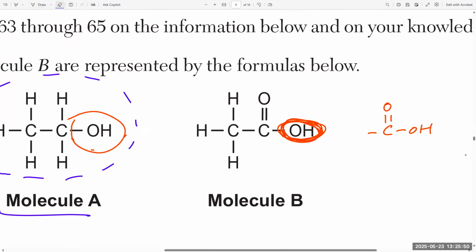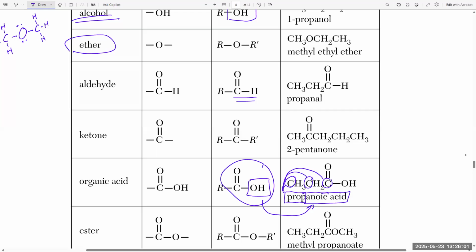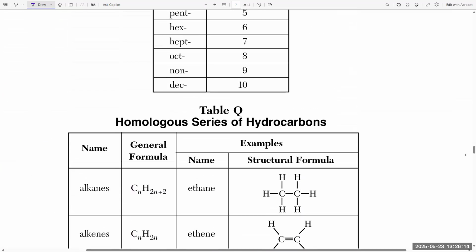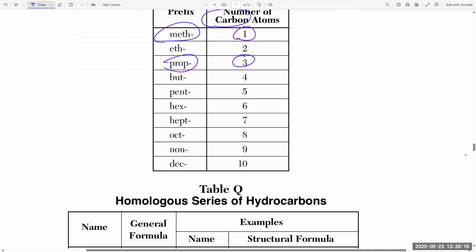So let's see if we can put that together in here, right? Let me get rid of some of this, right? And ask ourselves, okay, how many carbons we got? We got 1, oh, and a 2, right? Let's see if that matches up. That's right. We're counting including the carbon that's attached to the double bond O. You see 3 for prop. Here we got 2. What is 2? Eth. Be careful, it's not di, right? Because we're not doing formula. It's not inorganic.